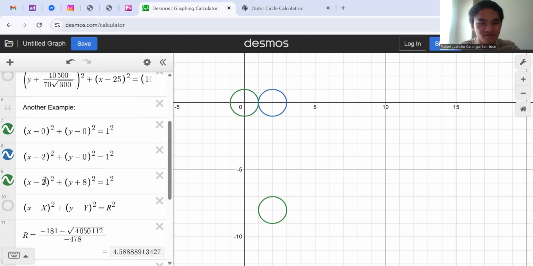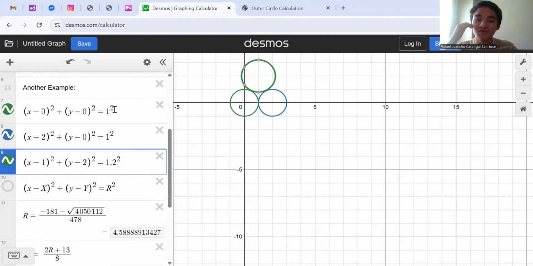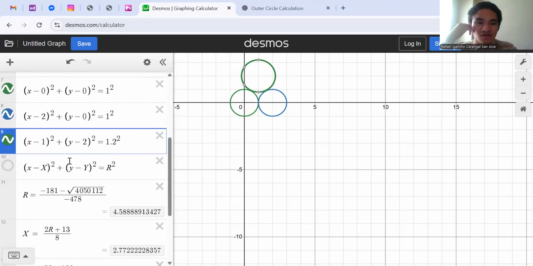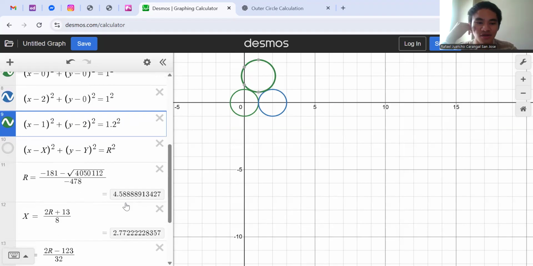Okay, let me take that out. And then for this one, the last circle was 1. And this was -2. And then this was 0.2, right? If it was 1, I think this would have worked. We'll definitely find something here. And then my R value here is, oh crap, what was it?